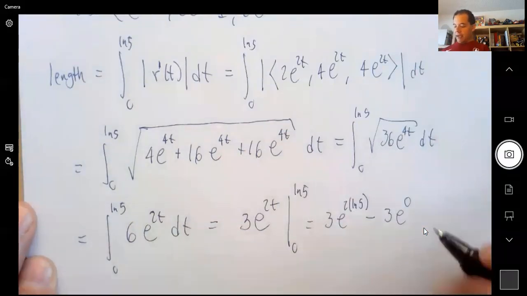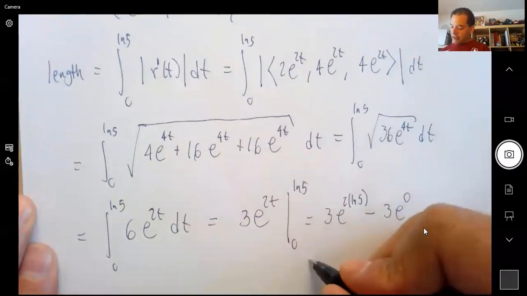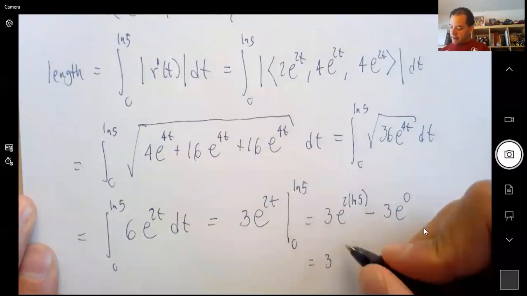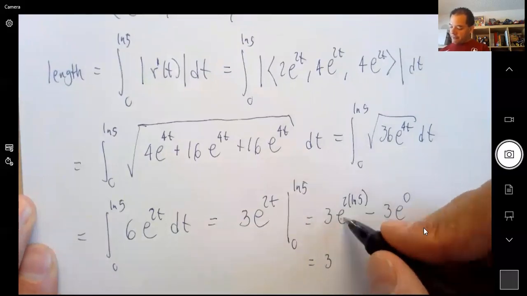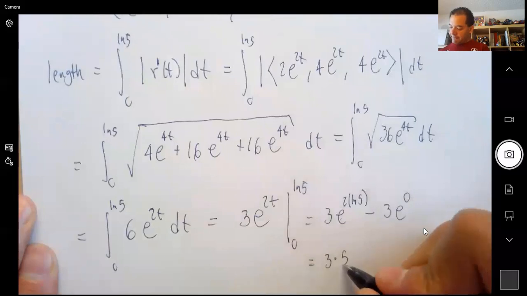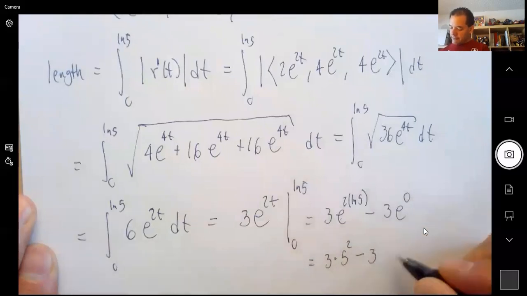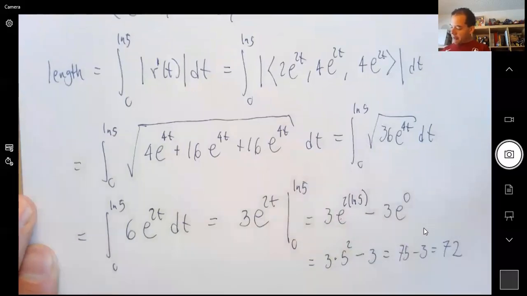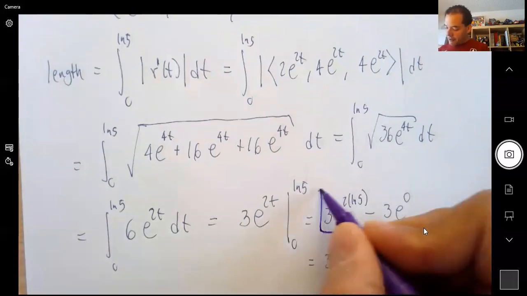And you could leave it like that, or you can realize that e to the ln 5 is 5, so this is 5 squared. So this is 75 minus 3. But it's perfectly reasonable and correct to leave it right here.